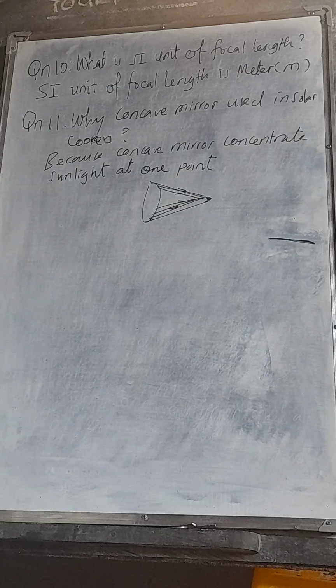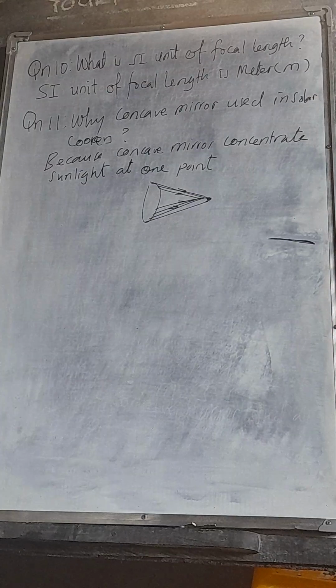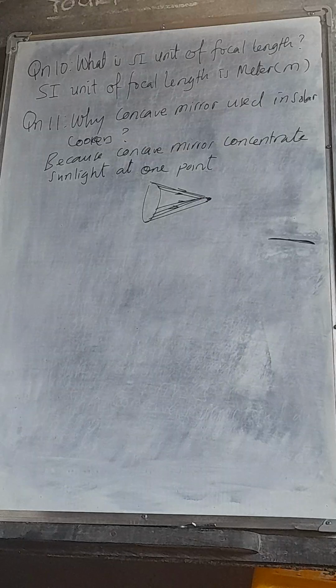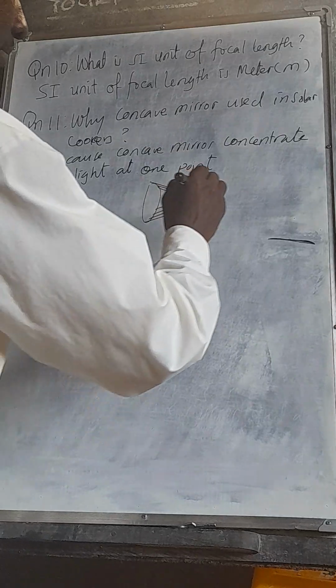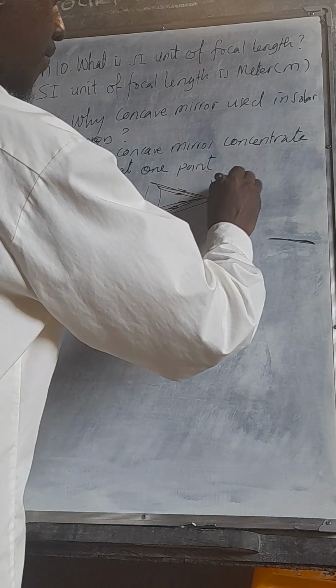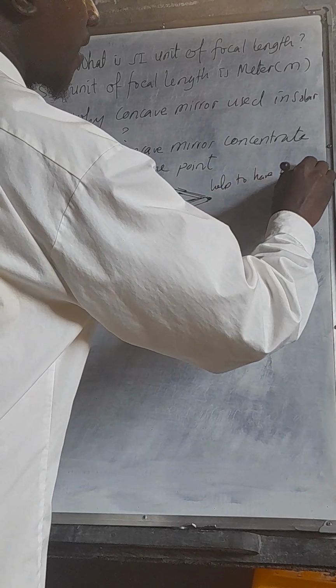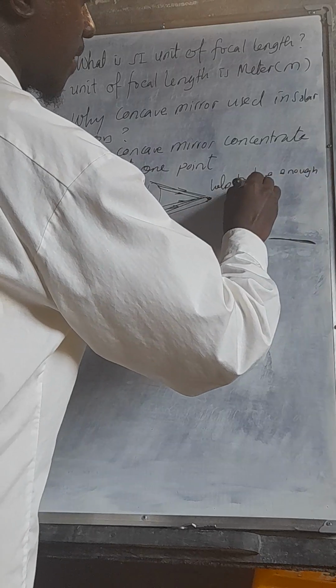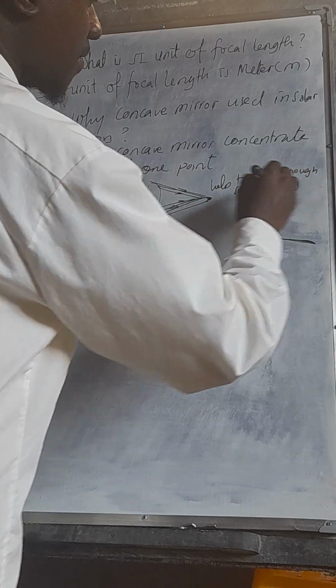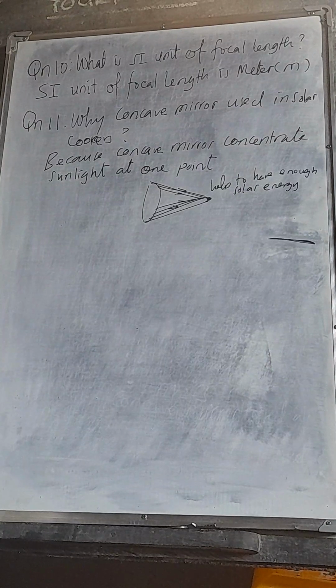If you concentrate at one point, it helps to have enough solar energy, because the concave mirror normally tries to concentrate the sunlight at one point. That's why you see the concave mirror in solar cookers.